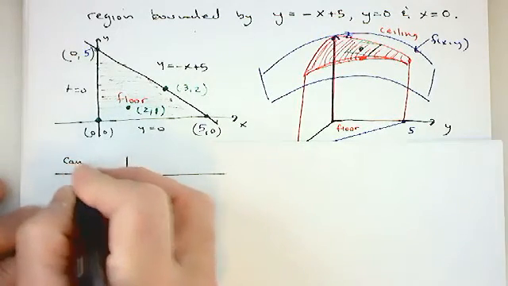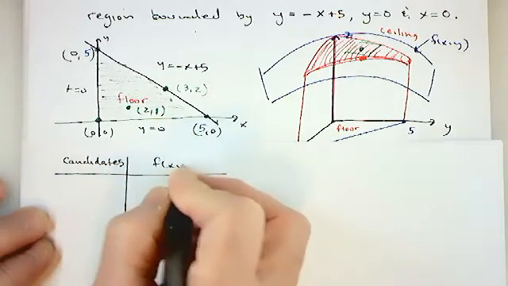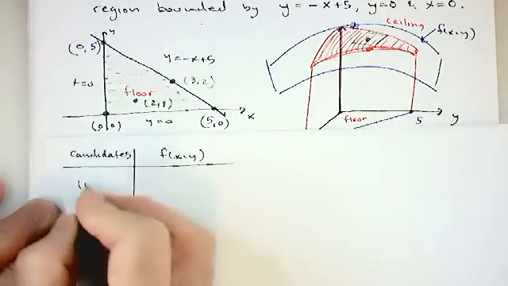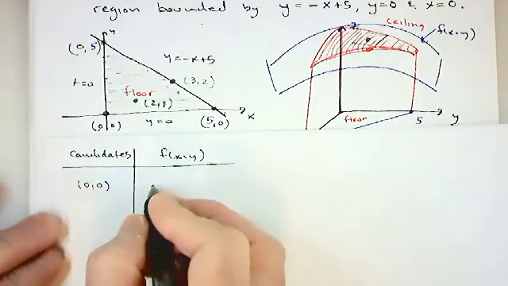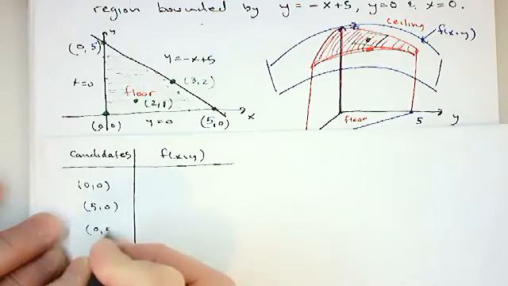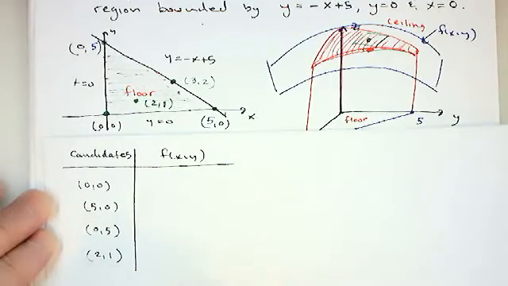I even literally call it that, candidates for the highest and lowest point. And then ultimately what it comes down to is we need to evaluate our function at all of those points. So I'm going to start with my corner points, 0, 0, 5, 0, 0, 5. My critical point was 2, 1, and my wall point was 3, 2.